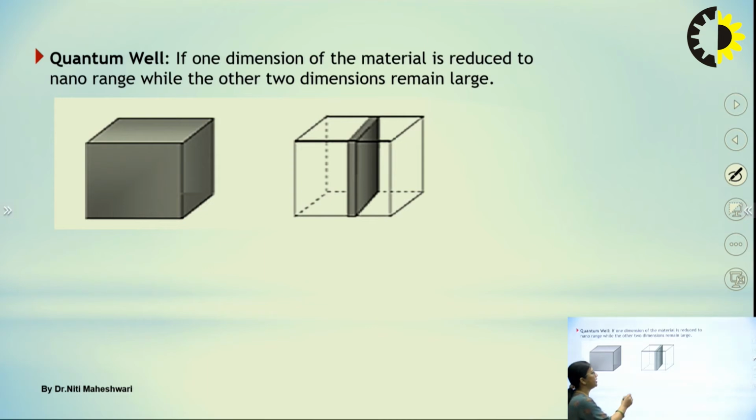Here you can see that only in one dimension we are converting it into the nano size, but the other two dimensions of the material are large. So such materials are termed quantum wells. They are also known as potential wells, and we confine the material into a planar structure rather than a three-dimensional structure.